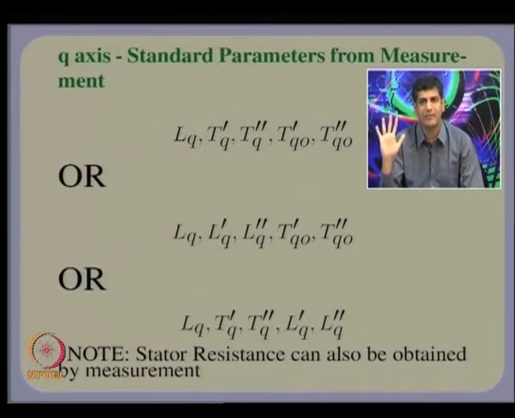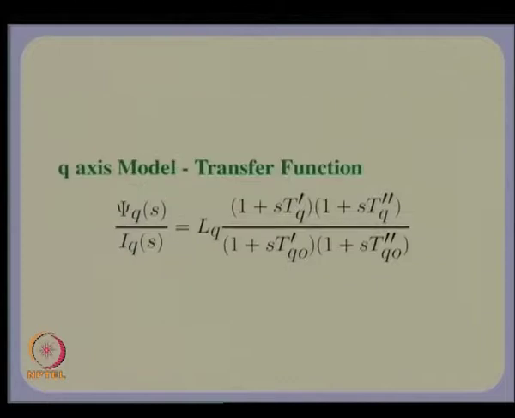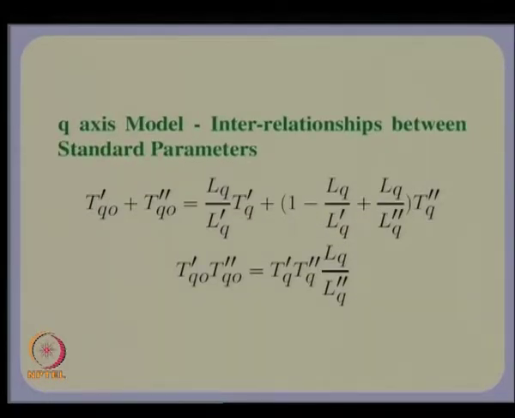So, there are basically 5 standard parameters, these 4 time constants and LQ. But you can also give instead 3 inductances, that is LQ, LQ dash and LQ double dash, and 2 time constants, with the understanding of course that all these parameters are related to each other. So, the same transfer function can be written like this, where the time constants and the reactances are related to each other in this fashion.